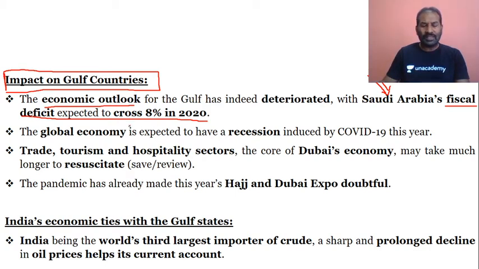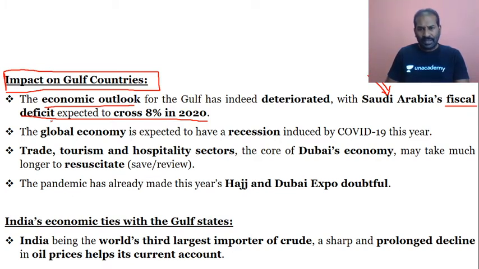Thereby there is a lot of impact on the GDP of Saudi Arabia. And as we know, fiscal deficit means expenditure over the revenue. So what is the expenditure for Saudi Arabia in 2020? It will cross 8% in 2020.